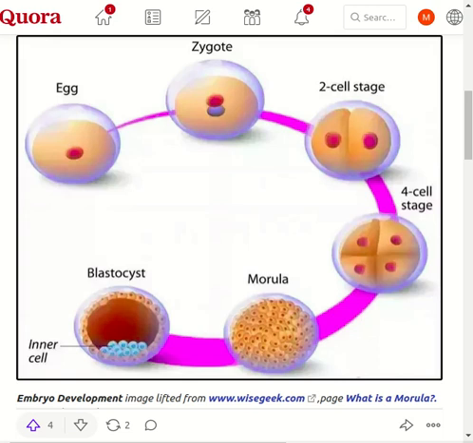So now it is called an 8-cell uncompacted morula. Then compaction occurs. What happens then? Yes, it's called then the 8-cell compacted morula.